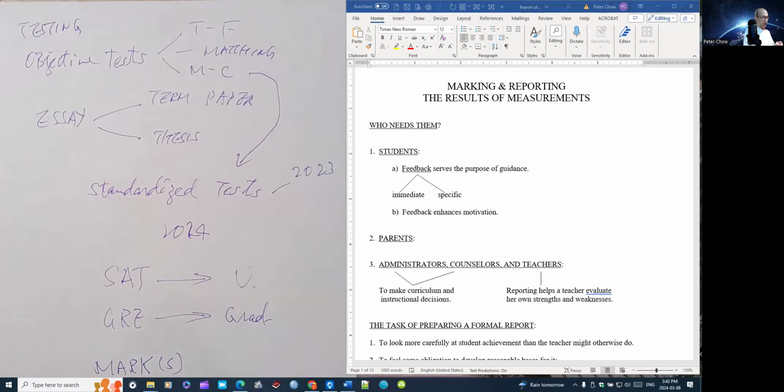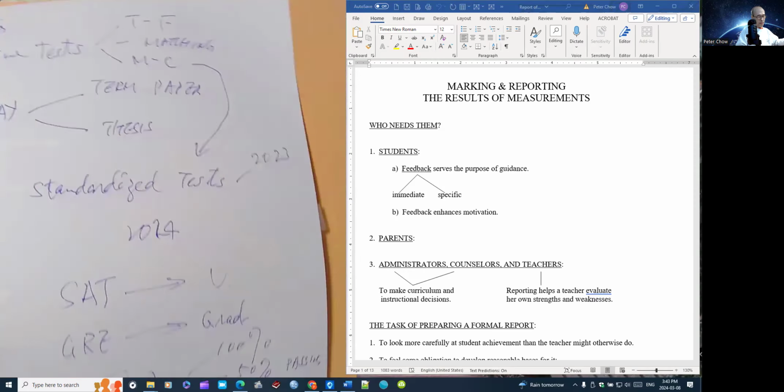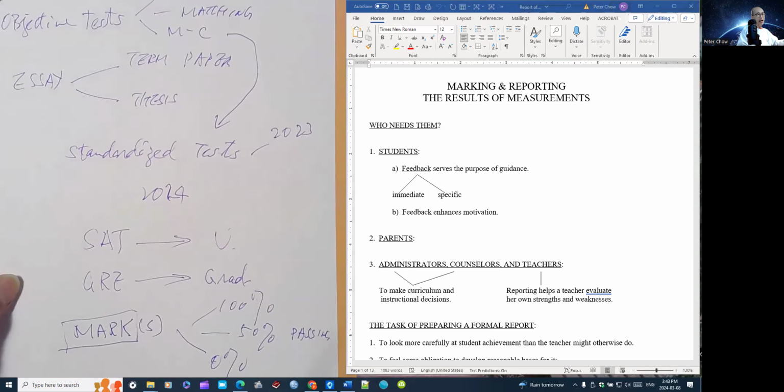Each test will come up with a mark. Normally, say, a percentage grade most of the time, from 0% to 100%. 50 is supposed to be the passing grade.